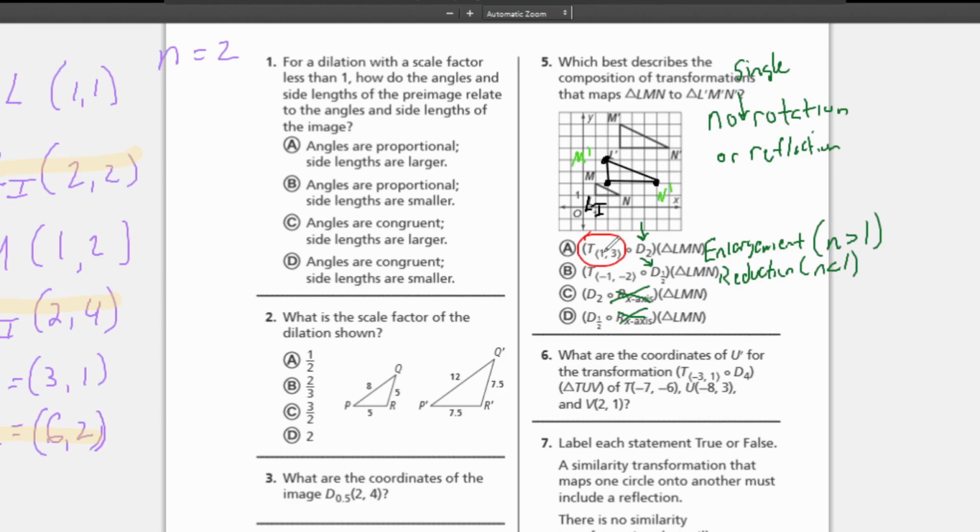Now, since the translation is a rigid motion, if I can show one of these works, then all of them will work. And for this, I want to go over 1 to the right and up 3. So 1, 1, 2, 3. And my M intermediate does map onto my M prime. And all my other ones will, of course, too, since this is a rigid motion.